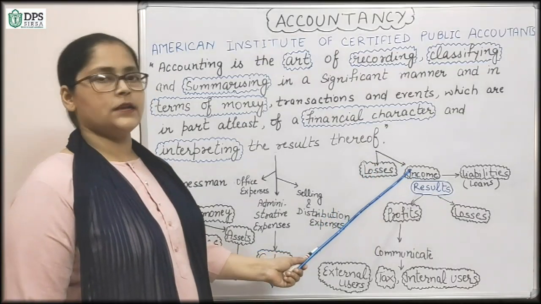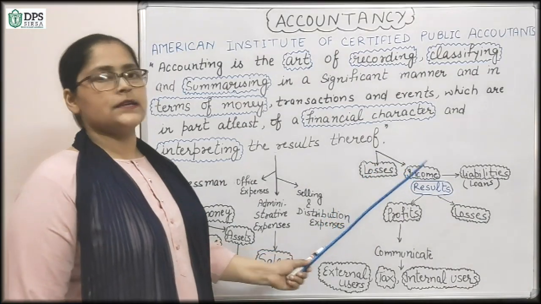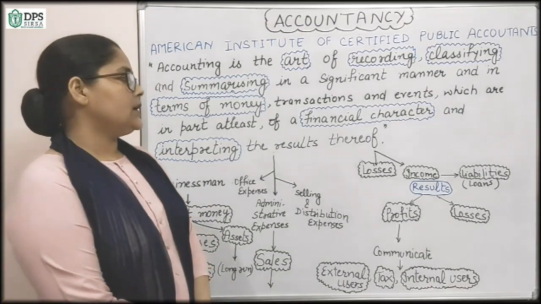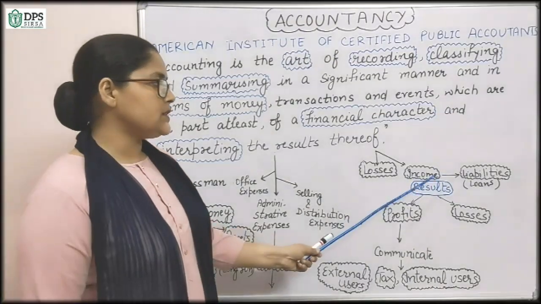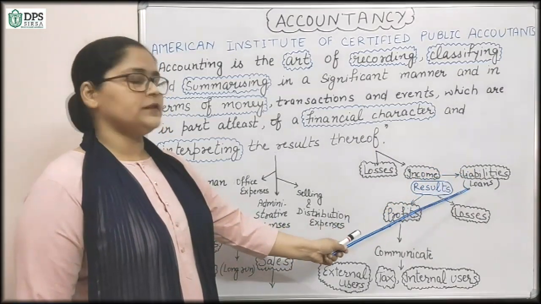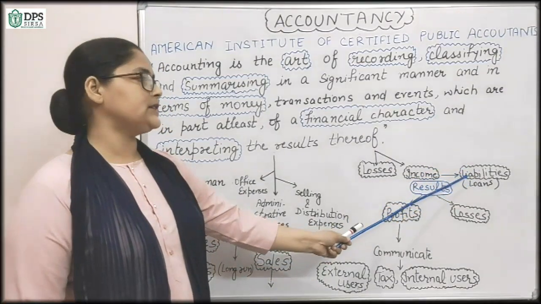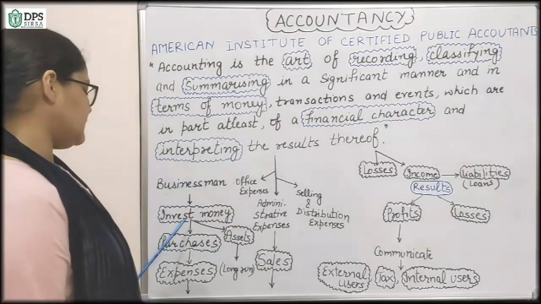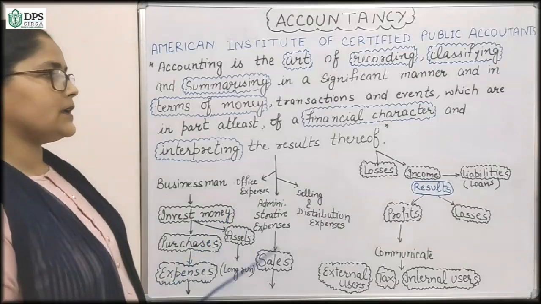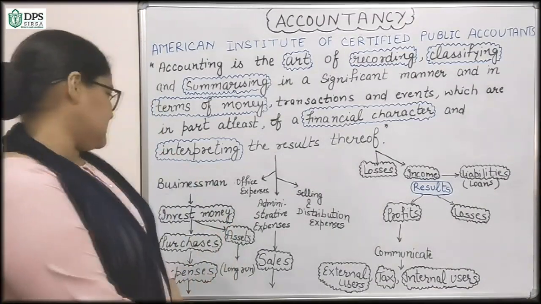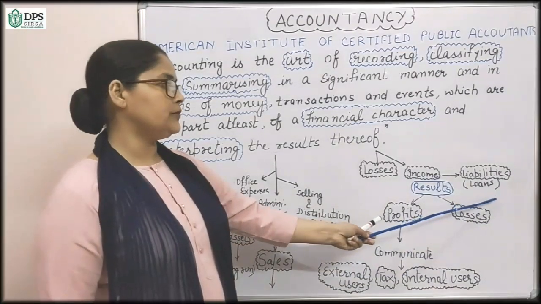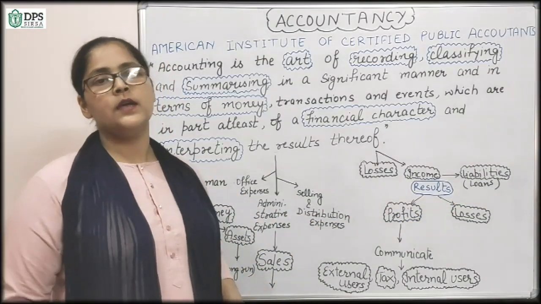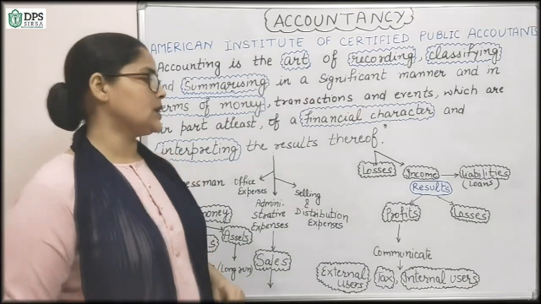But in case of income, where he gets income from the selling of goods and things, he then uses this income for the payment of the liabilities. Liabilities means, for example, if he doesn't have investment money at the starting point of business, he takes a loan from outside, maybe from banks or financial institutions.